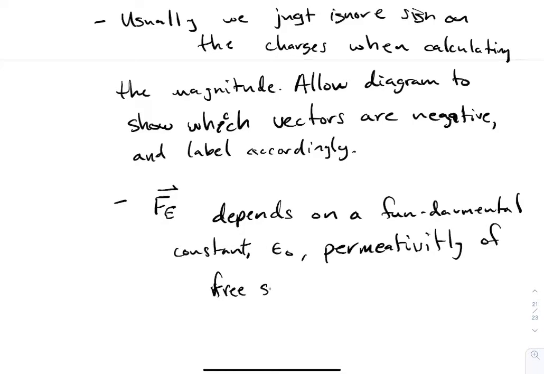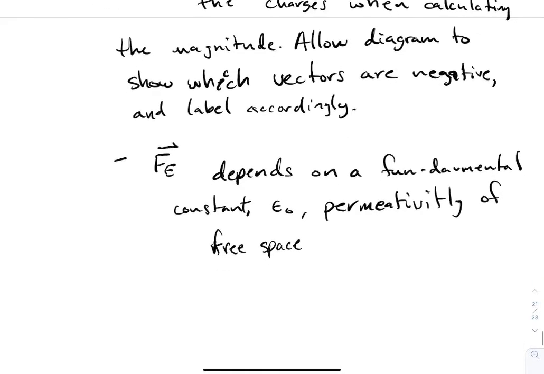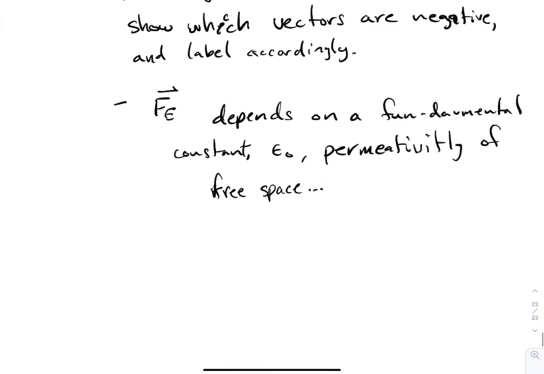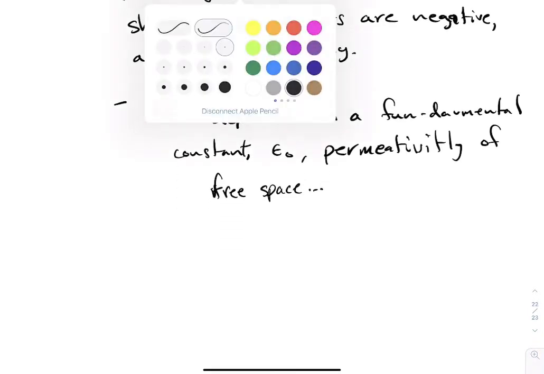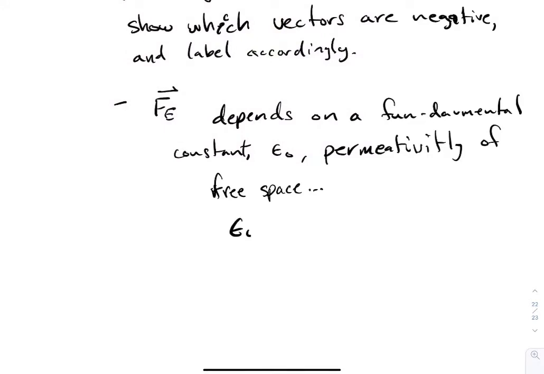And what that's supposed to describe is how electric fields propagate through a vacuum. And epsilon naught is equal to 8.854 times 10 to the negative 12 coulomb squared per newton meters squared. So that's just a fundamental constant of the universe. And if that was different, then we think everything else would be different as well.